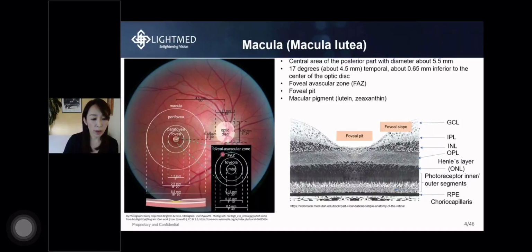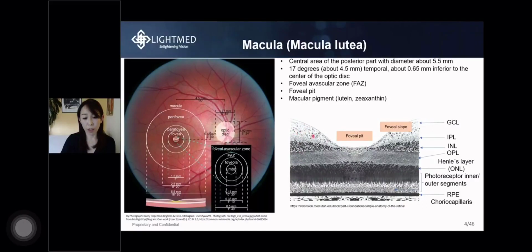It is called the foveal avascular zone. This is about 0.5 millimeter in diameter. Around the fovea, we call it the parafovea, up to 2.5 millimeters, and around the parafovea, up to 5.5 millimeters, it is called the perifovea.